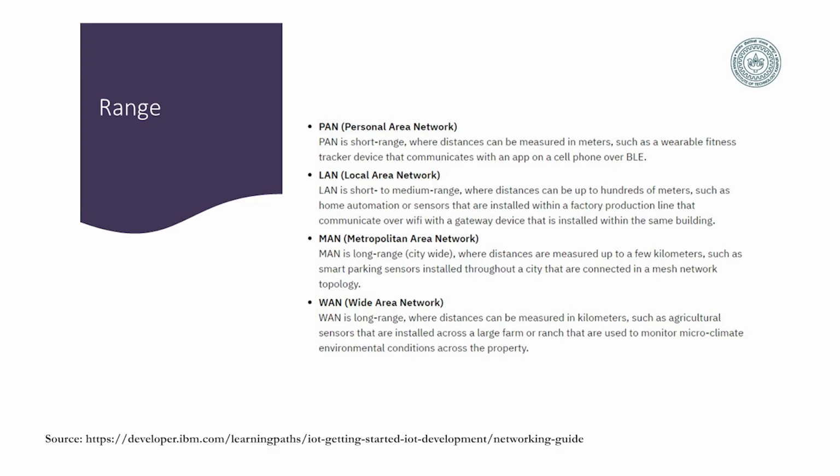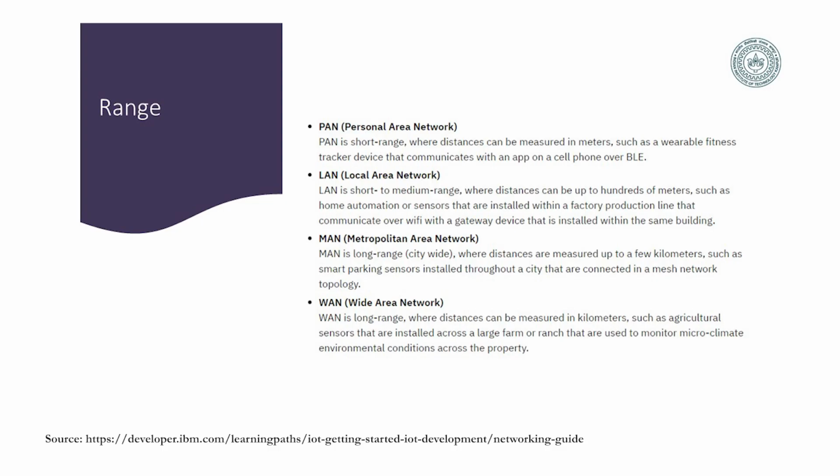Then you have your wide area network, which is long range. Distances are in kilometers, and it is such as the use of agricultural sensors that are installed across a large farm, okay, or a ranch, which are used to monitor microclimate environmental conditions across the property.